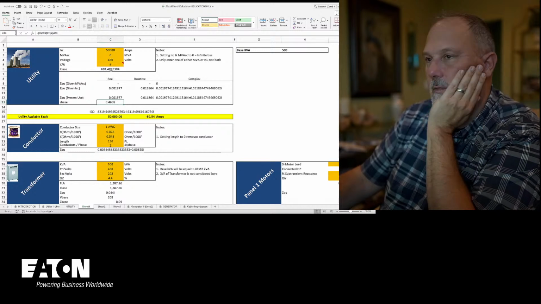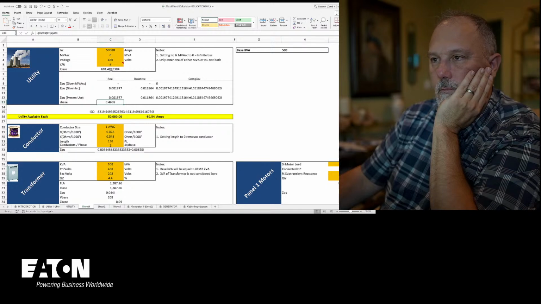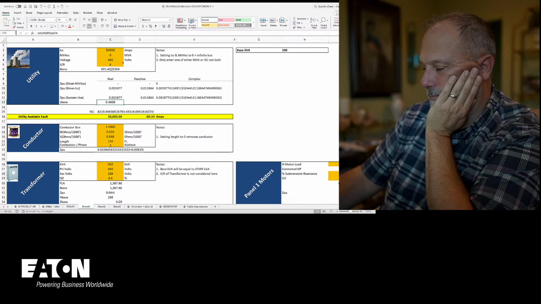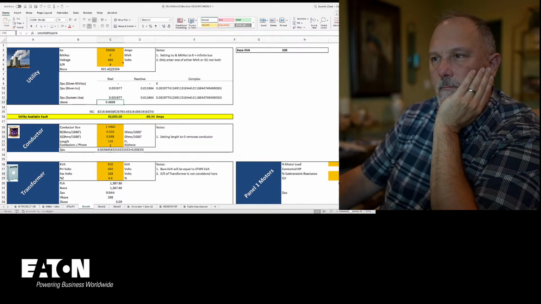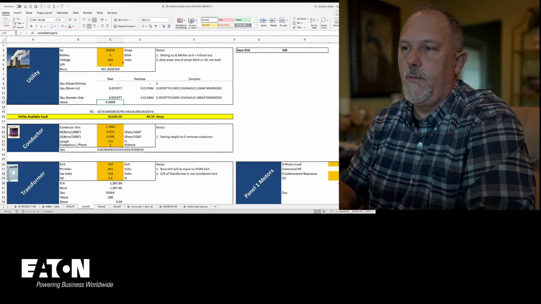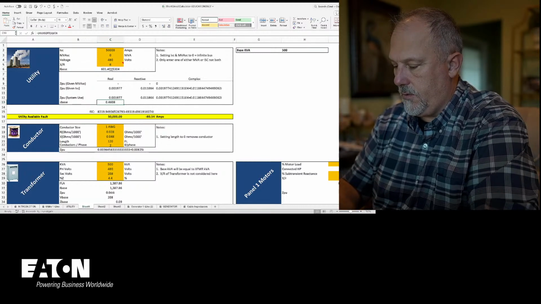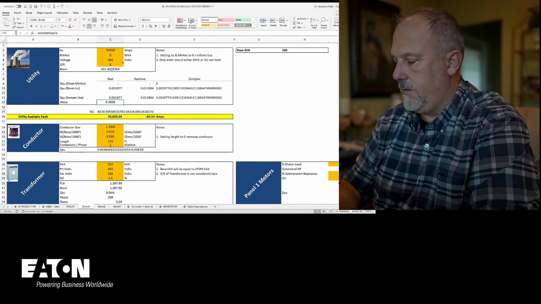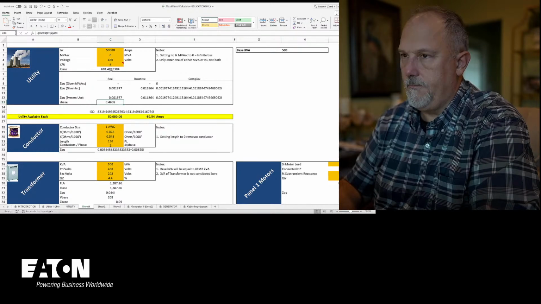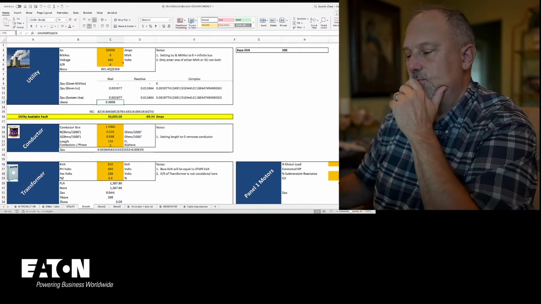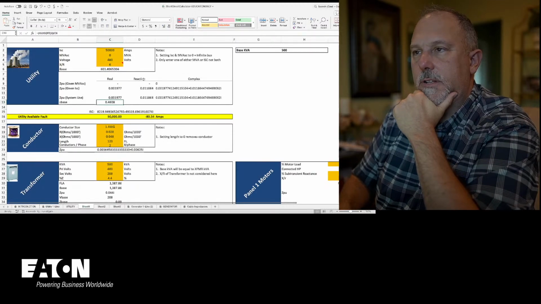Z base, 0.4608. Let's just do this. 0.012028. So divide 80.538 cosine times. Yep. I'm close there.